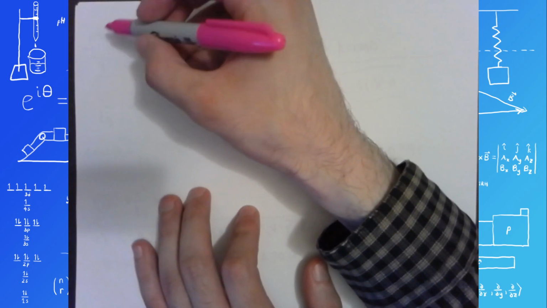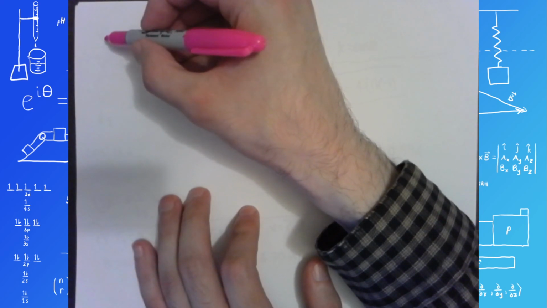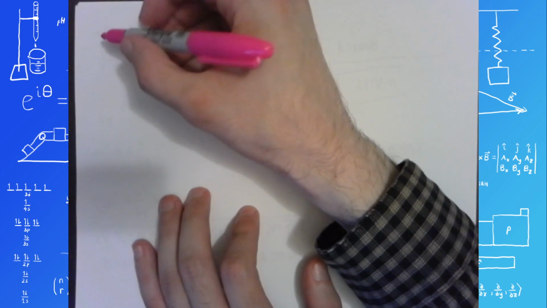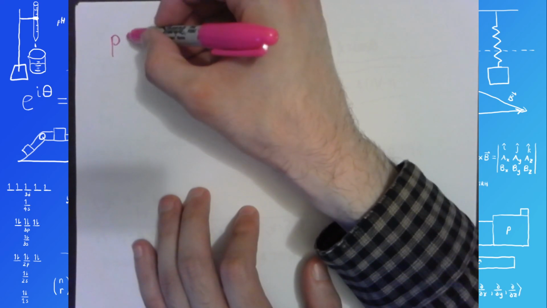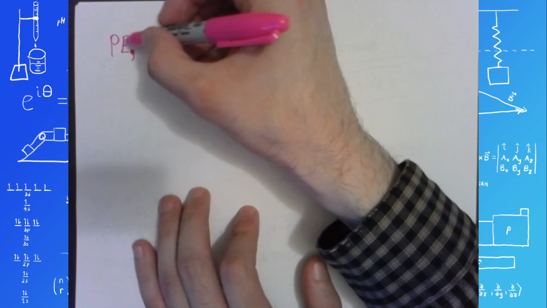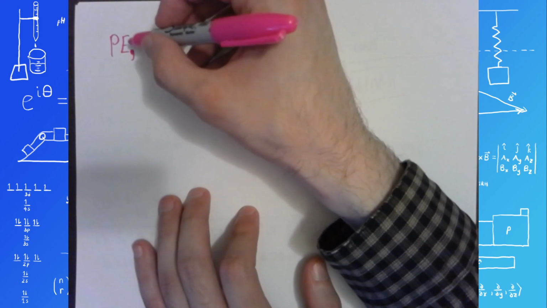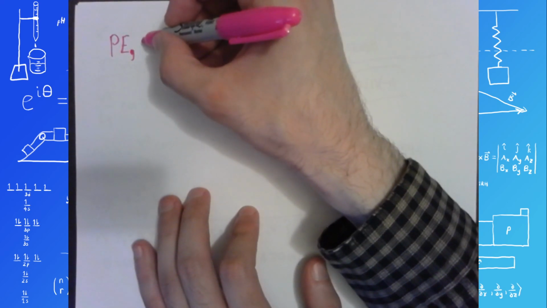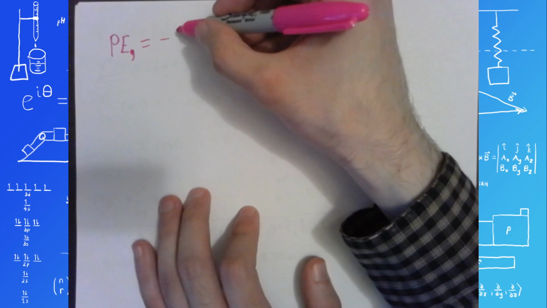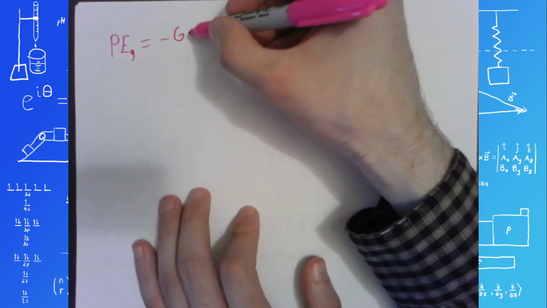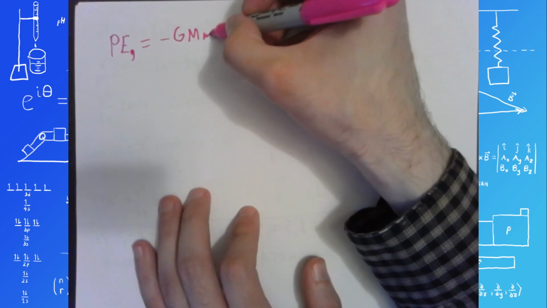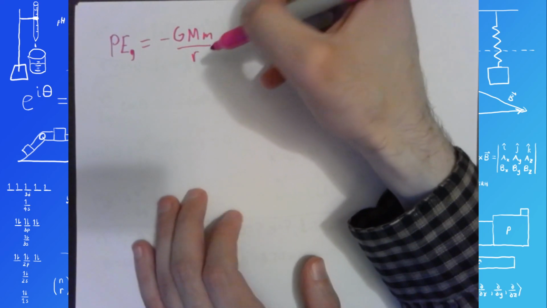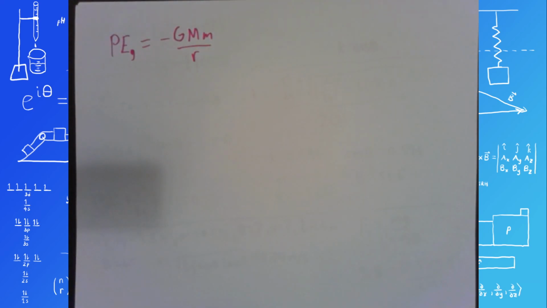If you remember, the gravitational potential energy in the universal perspective, some of you call it PE gravitational, some of you call it U gravitational, either symbol is fine. In the universal perspective, it's not mgh, it's negative GMm over r, where the zero of potential energy is usually chosen to be at infinity.